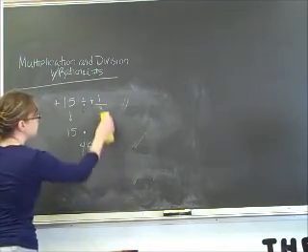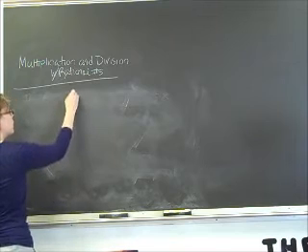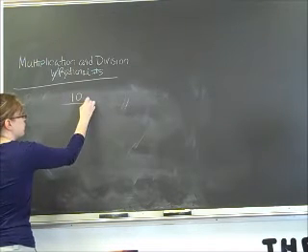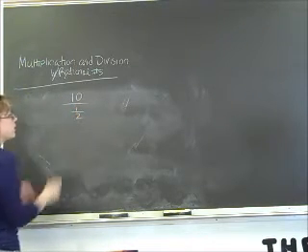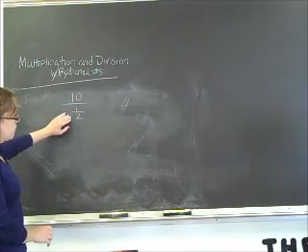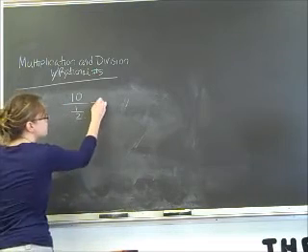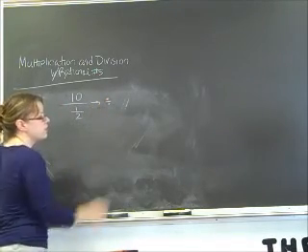Sometimes we might see something that looks kind of complicated because it's a fraction inside a fraction. Something like that. 10 divided by 1/2. It may help you to remember that a fraction bar is the same thing as a division sign.